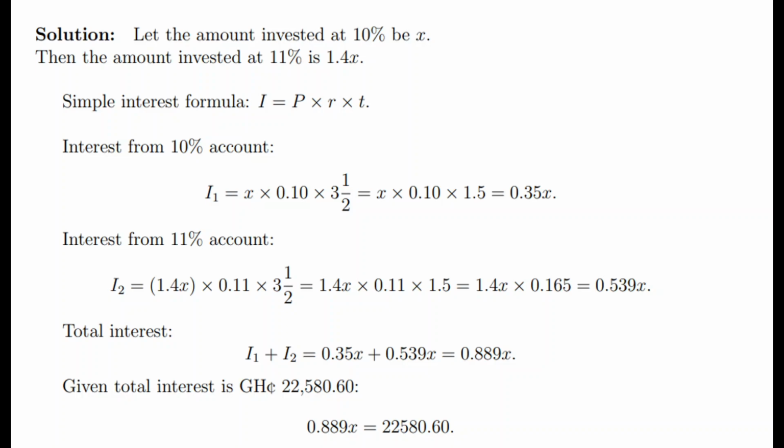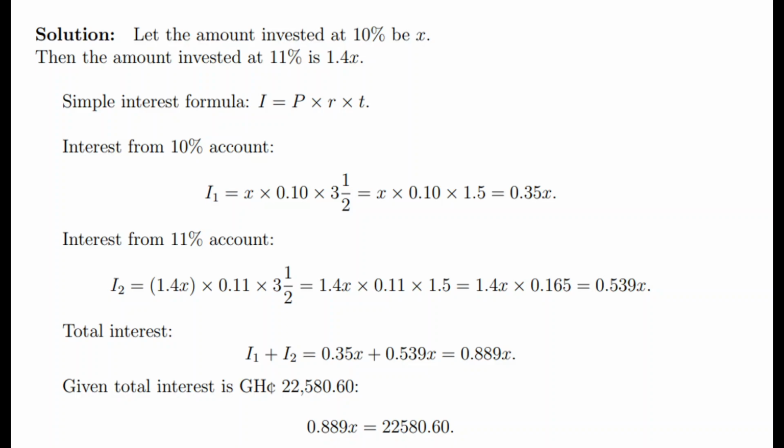From the simple interest formula, I is equal to P times R times T. The interest from the 10% account is our principal x, times our rate 0.1, times our time 3.5, which gives us 0.35x.